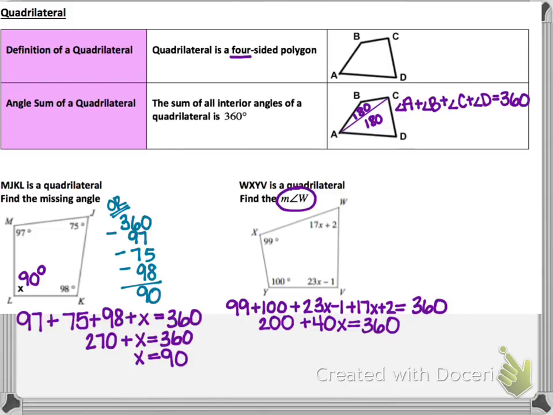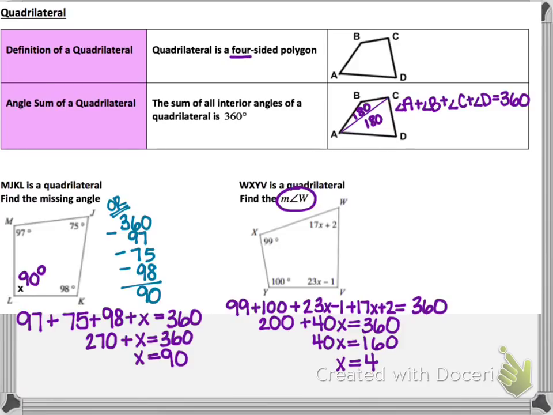So then the next thing I'll do is subtract 200. So I end up with 40x equals 160. I'll divide by 40. So I'll get that x equals 4.